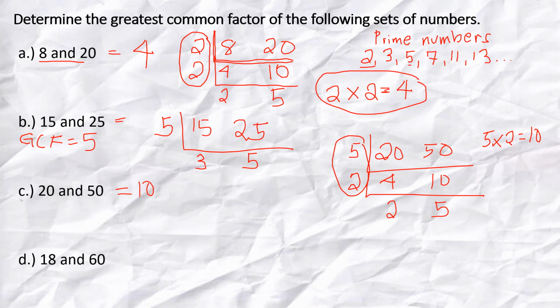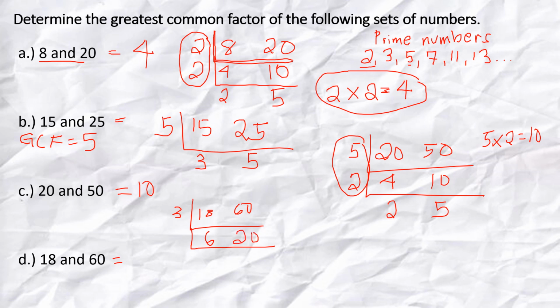Then lastly, we have 18 and 60. Again, we think of a prime number that we can use to divide 18 and 60, and that number is 3. So 18 divided by 3 is 6. 60 divided by 3 is 20.